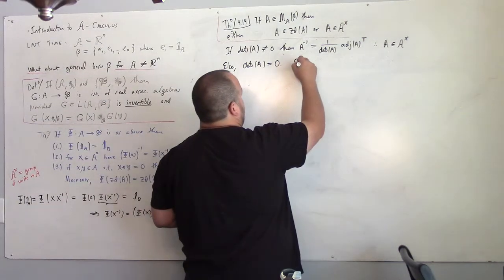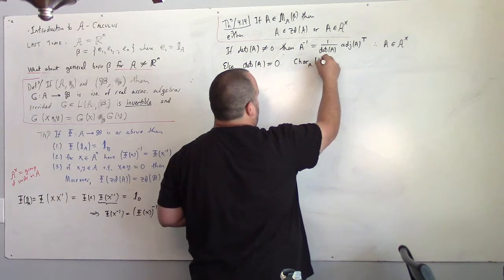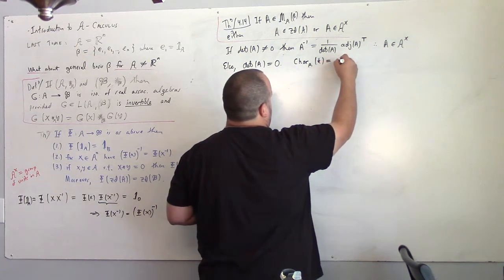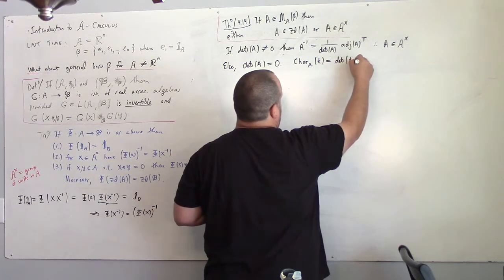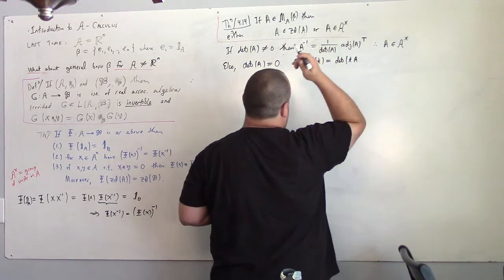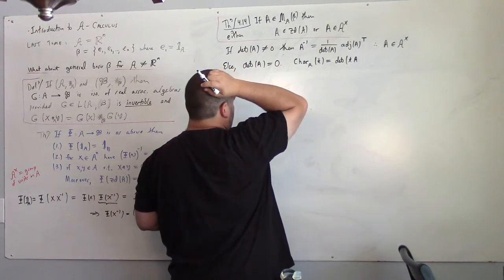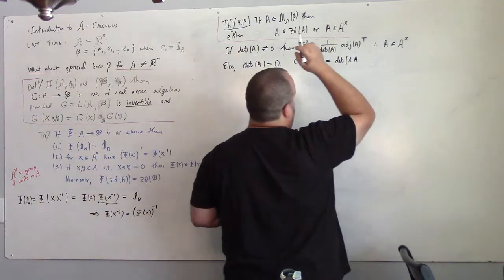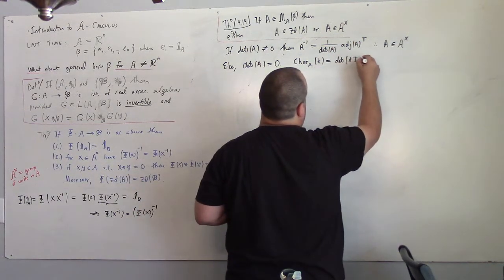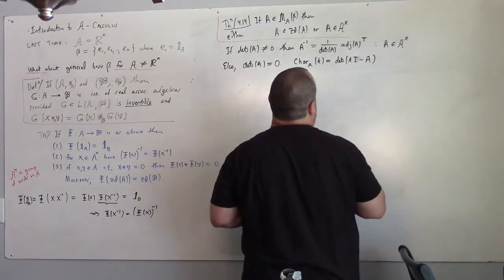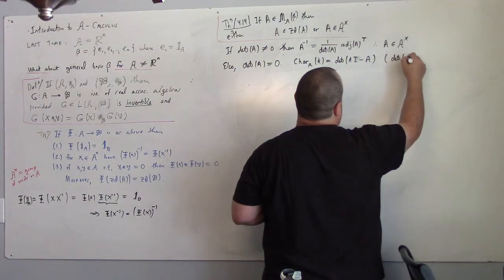So the characteristic polynomial, let's say you write it as a function of t, you could write it as the determinant of t times the identity minus A. Or some people will say it's the determinant of A minus tI.